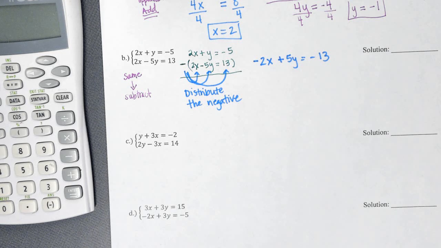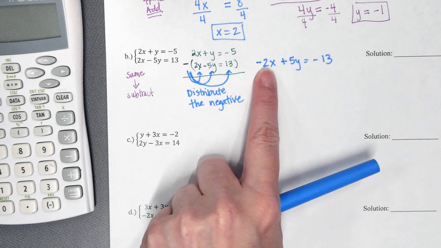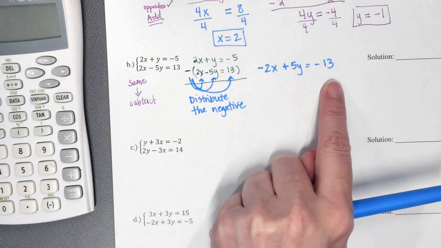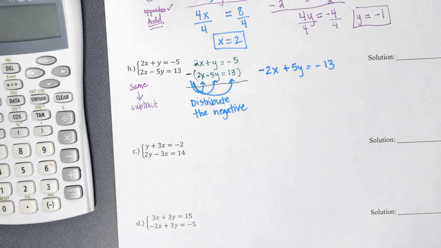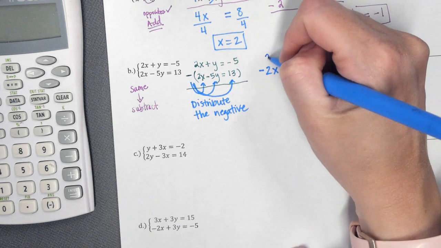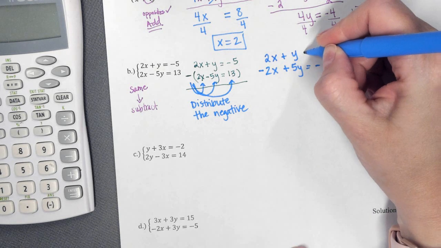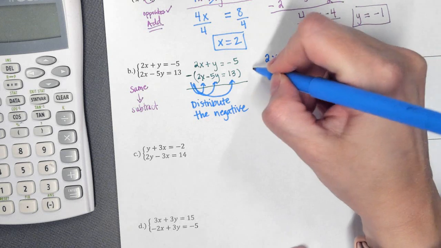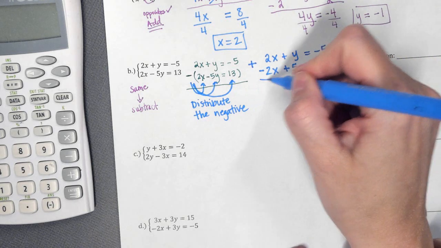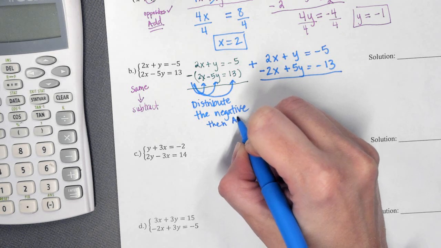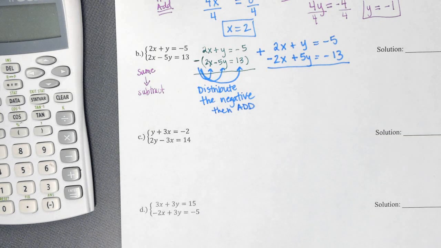Yeah, they all flipped their signs, didn't they? So it went from positive to negative, negative to positive, positive to negative. That's exactly what happens. So then what we're going to do is we can just add straight down after you distribute the negative. Okay, so we distribute the negative and then we're going to add.